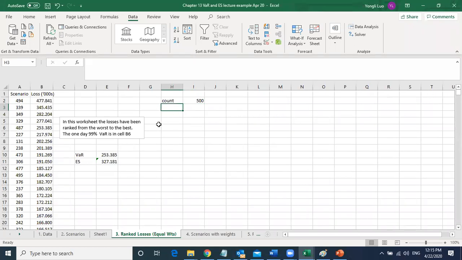What is the one day 99% VaR? 99% VaR means 1% loss. What's the maximum 1% loss?